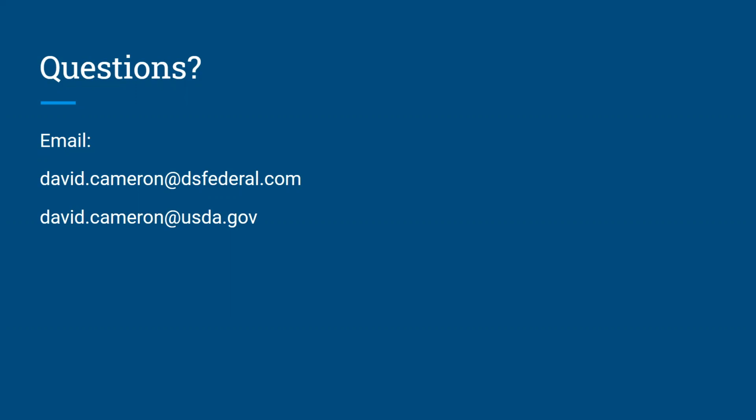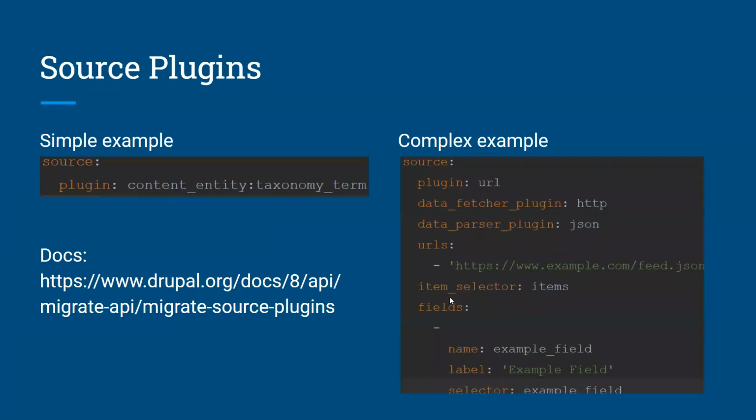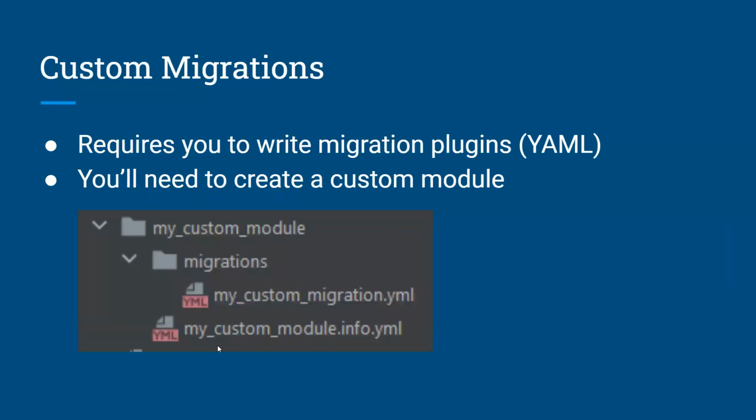That's a great question. The way that I typically do it, because it's fastest, is simply to, let me back up here. I would add a .module file here to my custom module. And what I would do is add the hook prepare row function to that module.